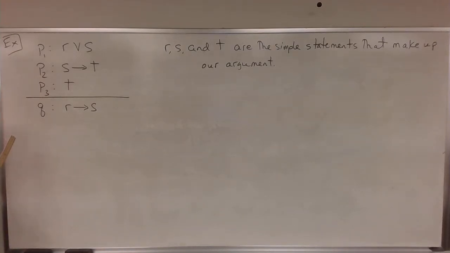Now typically, this is how we may be given an argument. And I should add something else here. This symbol, and this symbol is mathematical shorthand for the word therefore.